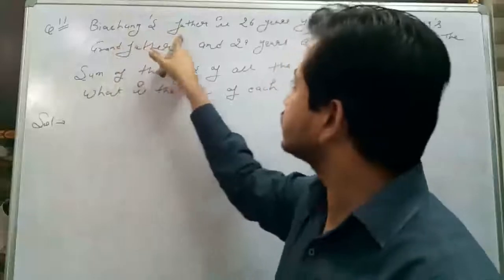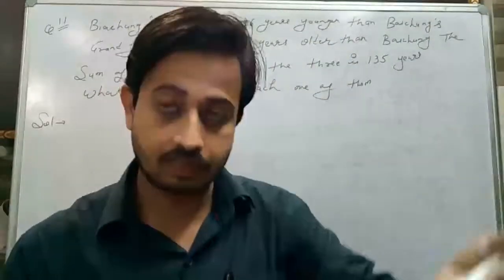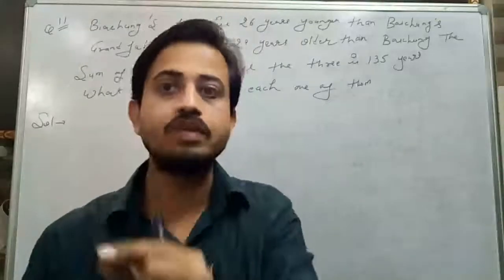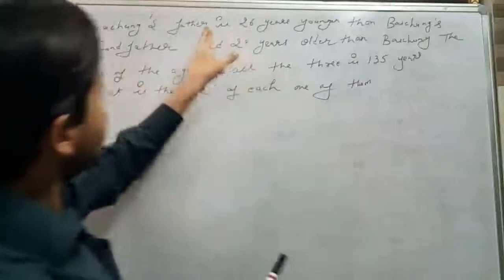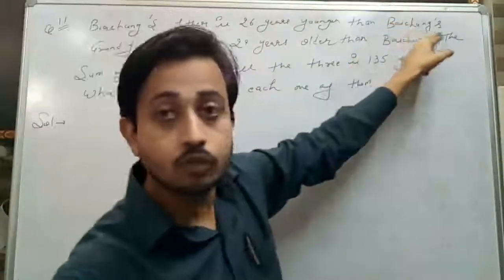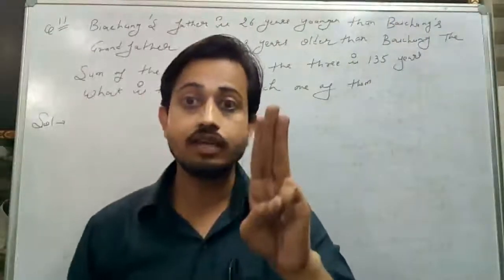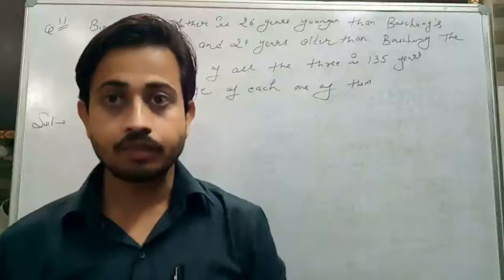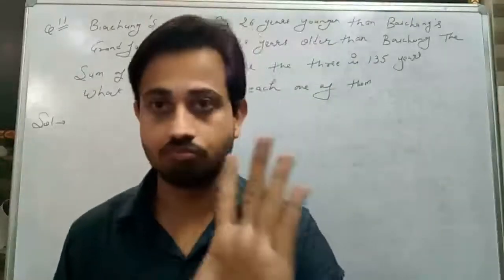Bhaijung's father is... it means we are talking about Bhaijung's father. It means a person whose name is Bhaijung, and his father is 26 years younger than Bhaijung's grandfather. It means we are dealing with 3 ages: Bhaijung's age, his father's age, and his grandfather's age.